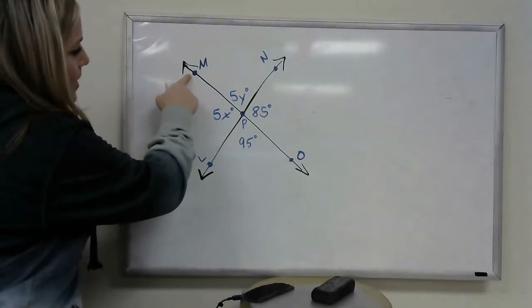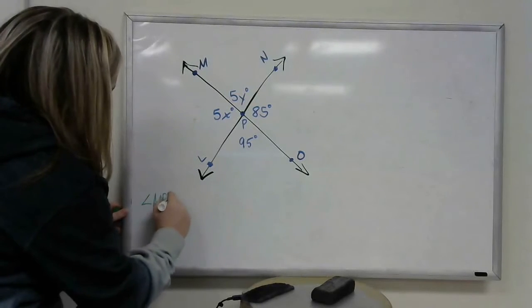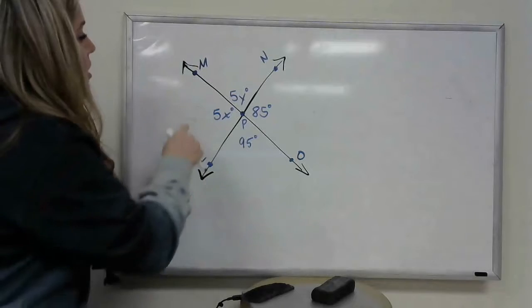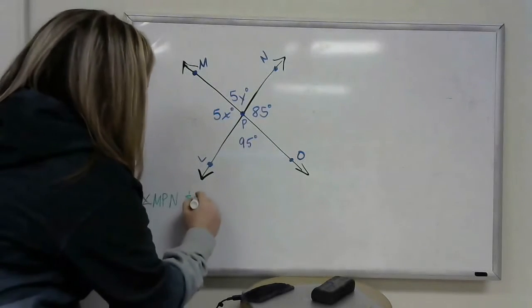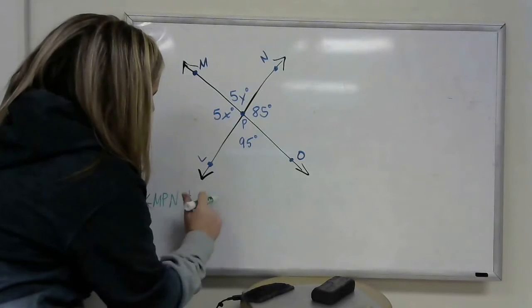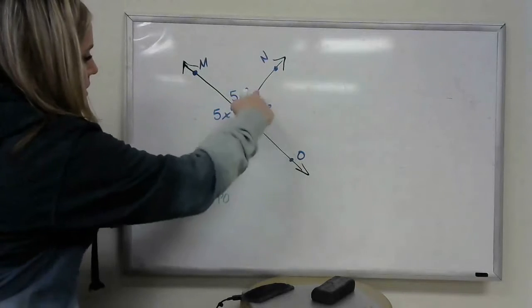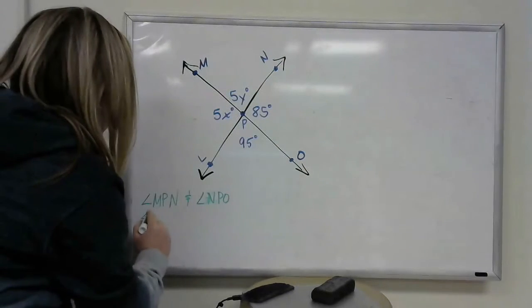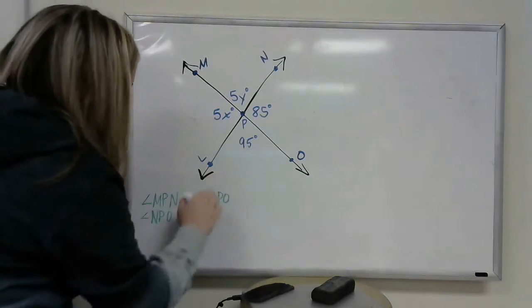We have angle MPN, and I'm not using congruent because they're not congruent. Angle MPN is touching angle NPO, okay? So then I'm just going to go here and here. Then we have angle NPO and angle OPL.